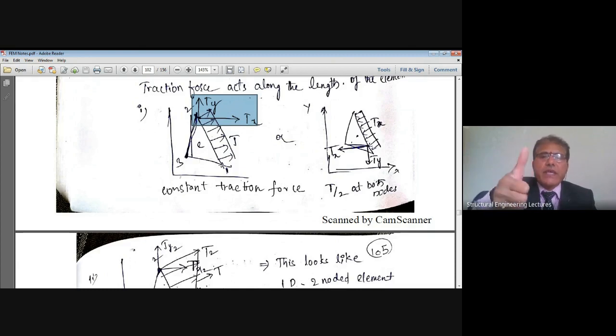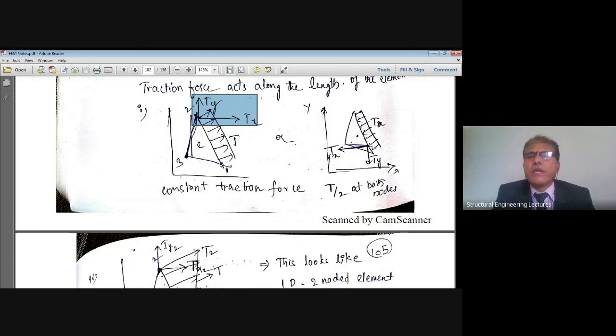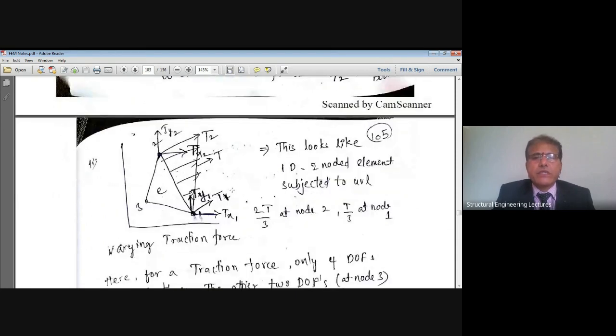If Ty is in the positive y direction, then you take that as positive Ty. Whereas if they are acting in the left-hand side direction, then Tx is minus. If Ty is acting in the downward direction, then it is negative. These are the negative notations, and these are the positive notations of the traction forces, right?